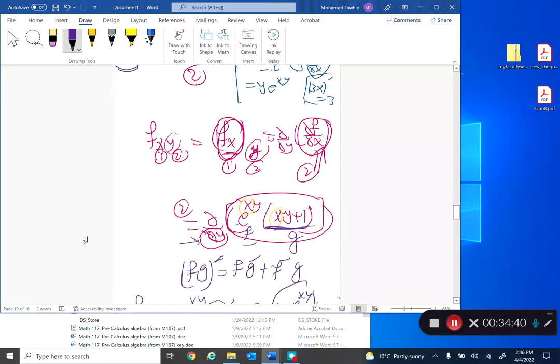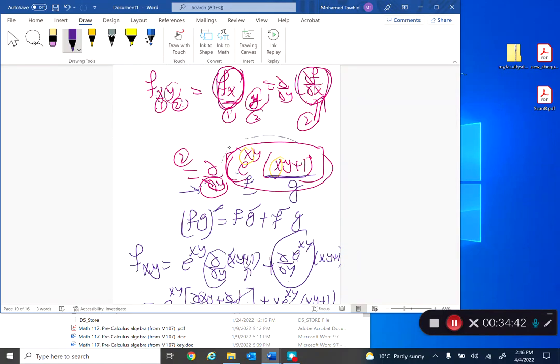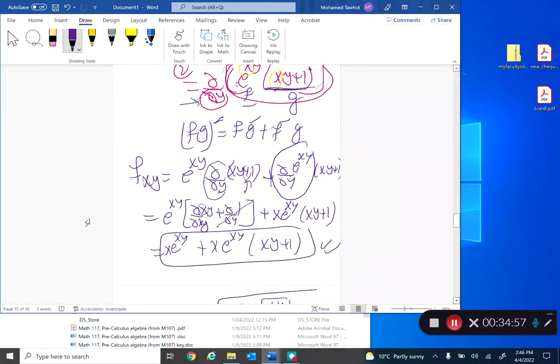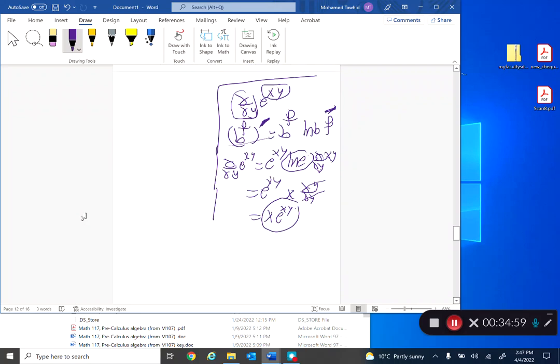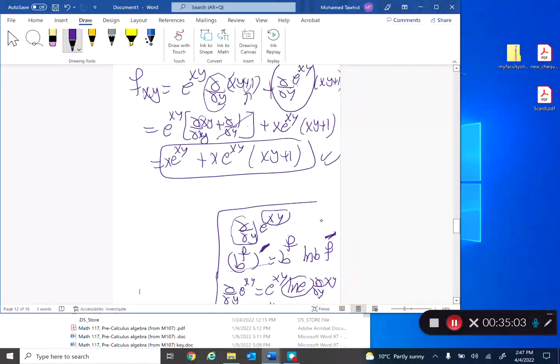Then I have to take the derivative with respect to y of f sub x, the whole thing. Then I am going to apply the product rule again, but this time you take the derivative with respect to y, and then it will be nice. Just apply the product rule and then keep continuing.